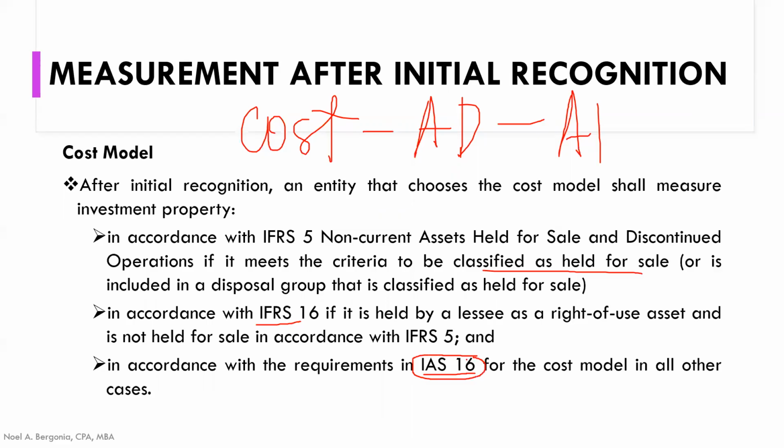So pwede pong i-apply yun, pero kapag wala pong sinabi, then we will assume that we will be using straight line method for depreciating. Okay, so that's how cost model works. Hindi na natin papatagalin yan kasi we have already been discussing it since property, plant, and equipment and intangible assets.